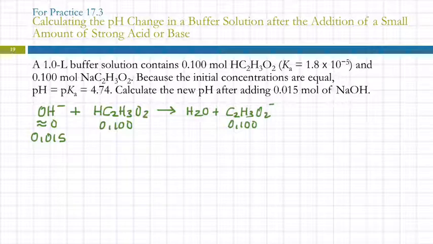And we're going to assume that it all reacts. So if all of this reacts, we're going to end up with approximately 0 again. And we've got this 0.1 minus the 0.015. Should be able to do that in my head, but my head's not working very well. 0.085. When 0.015 of this reacts, it'll react with 0.015 of this, and it'll make an additional 0.015 of that. And so we're going to end up with 0.115 moles of acetate.